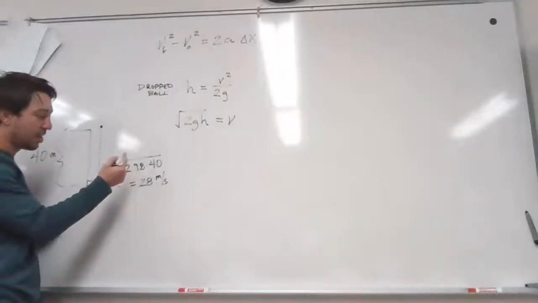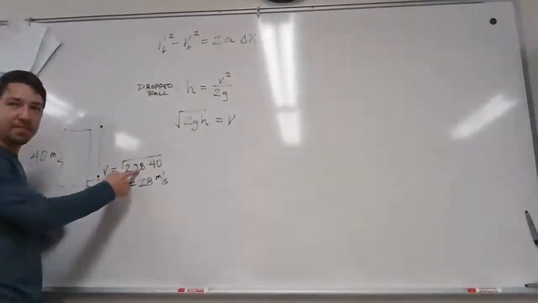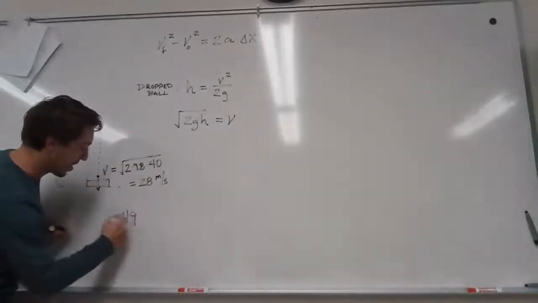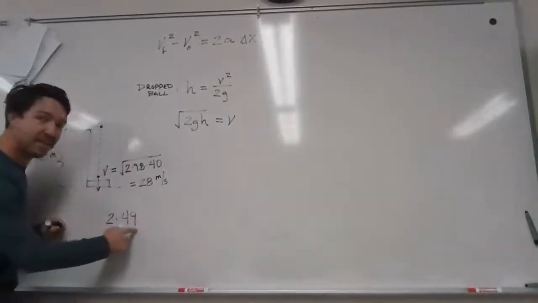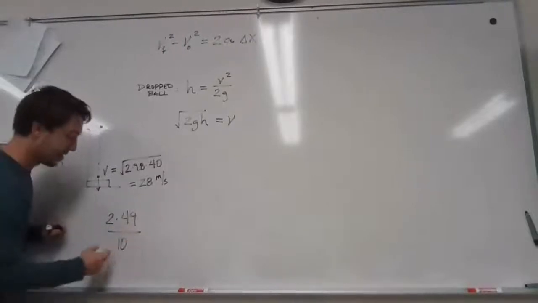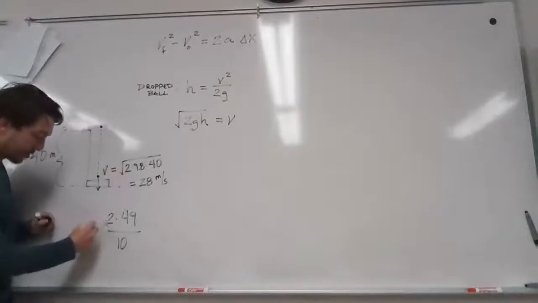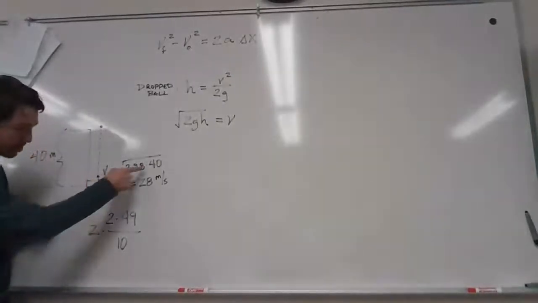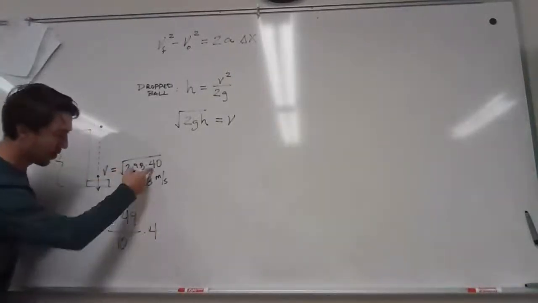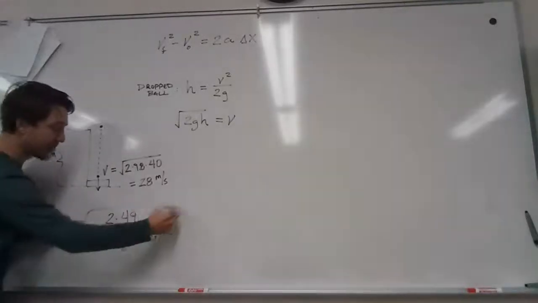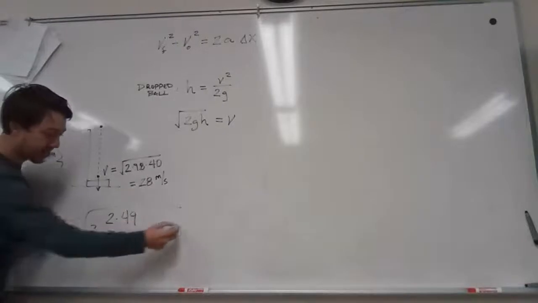And the reason is 9.8 is 49 times 2. That makes 98, so divide it by 10 to make 9.8. And then there's a 2 there, and there's a 40 there. 40 is 4 times 10, so that's all under a square root. The 10s cancel.